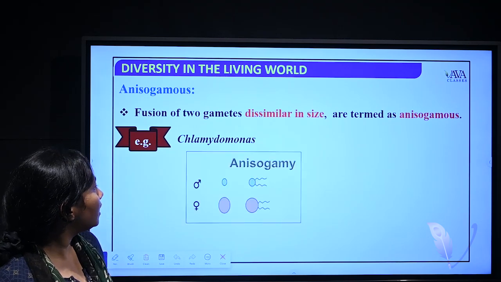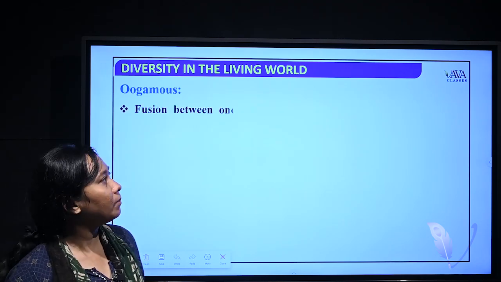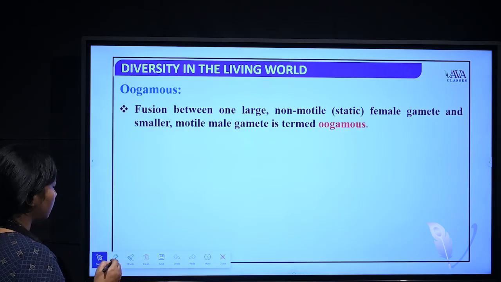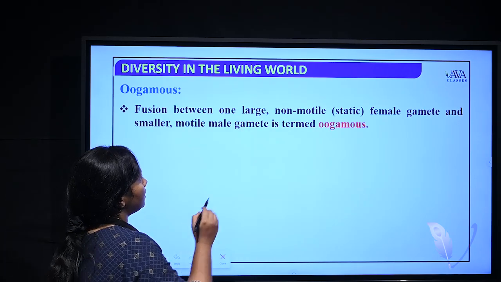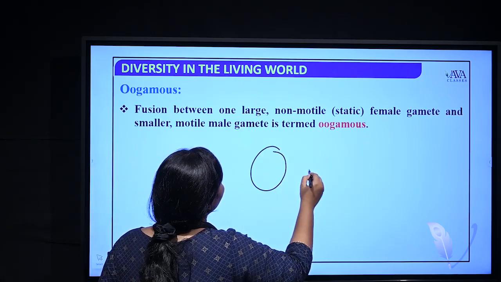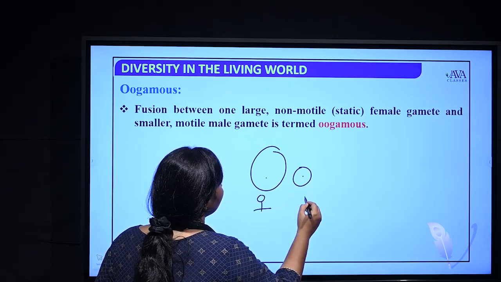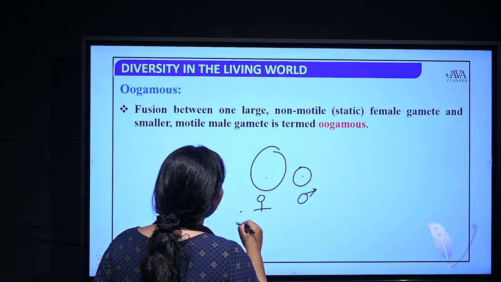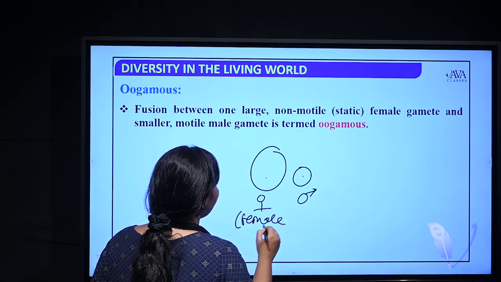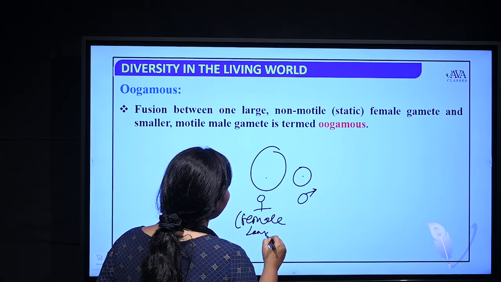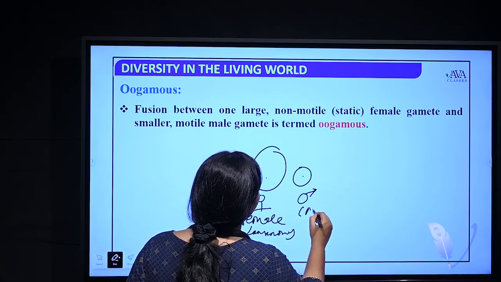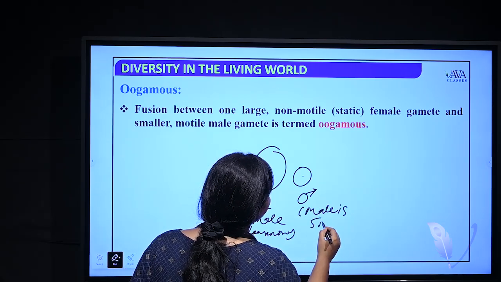In oogamous, we generally see that the female is the larger one and the male is the smaller one.